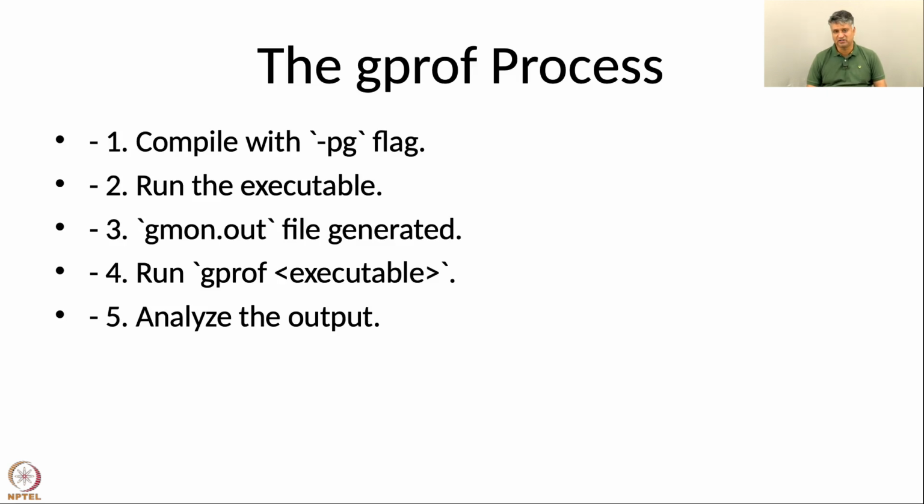This will put additional information in your executable to do this sort of accounting, where you're able to keep track of which function is being called how many times, how much time is being spent, etc. Once you compile the code with the -pg flag, all this is good to go within the executable. Then when you run the executable, another file called gmon.out is generated, which has all this information from the execution of the code.